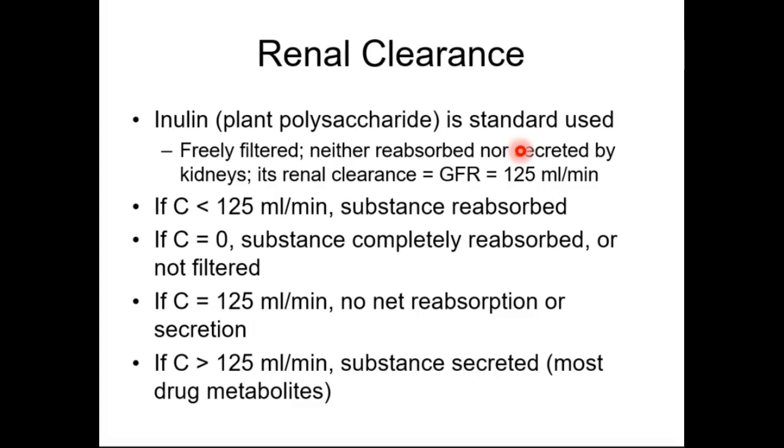But from there on out, throughout the entire tubule system, it will not be secreted nor reabsorbed. So once it's in the tubule system as filtrate, all of it is going to be excreted as urine. And that's going to be one of our tests for GFR. We're going to use that clearance rate of 100%. And if we filter 125 milliliters per minute worth of inulin, then our GFR is 125.